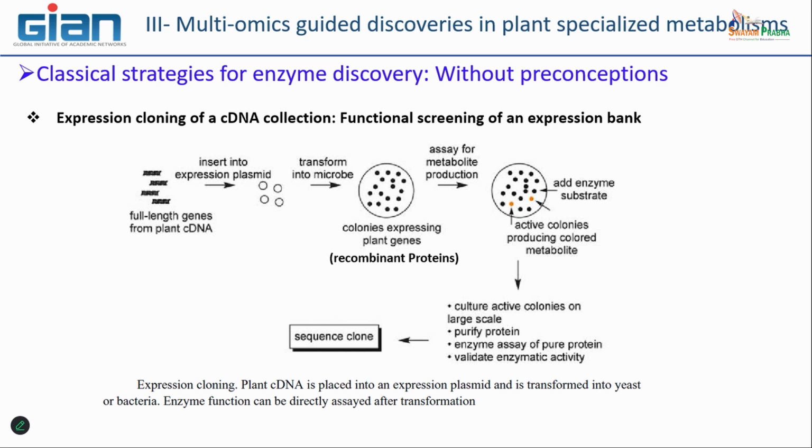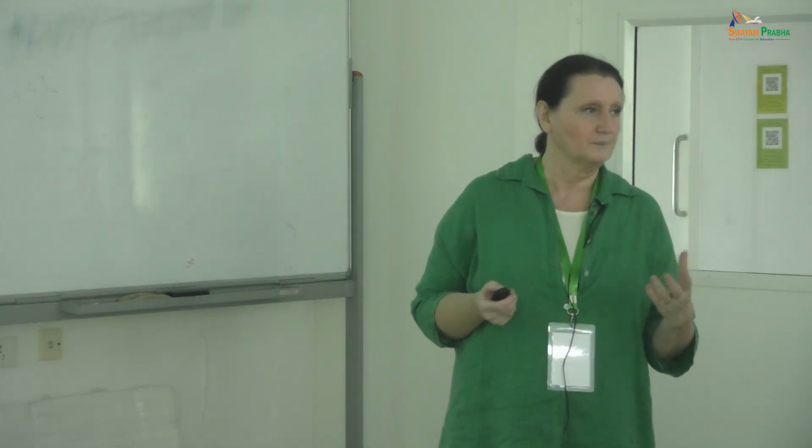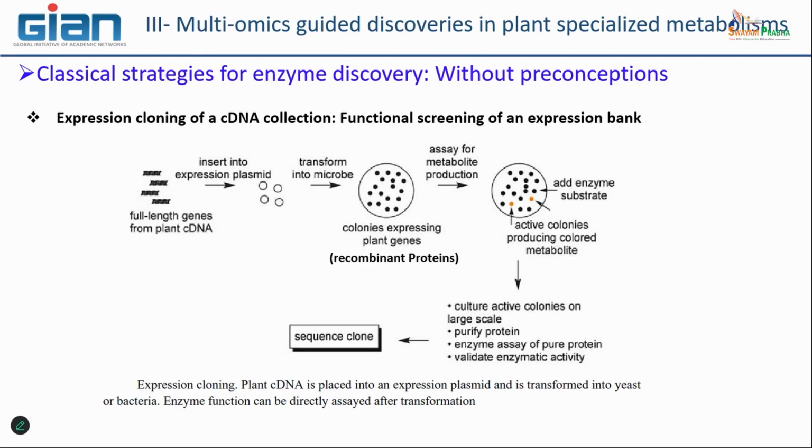It can be to include in the medium a specific molecule that can be converted indirectly into a molecule you can easily detect. So it can be limited depending on the type of activity you are looking for. But it is another type of strategy.